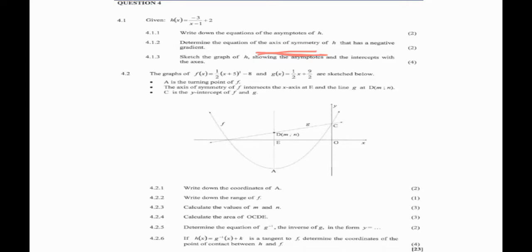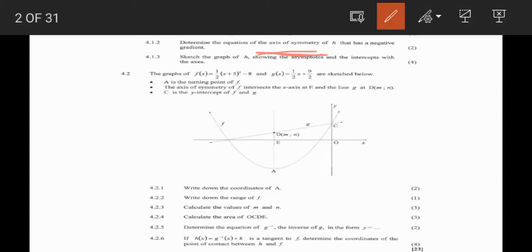Then we have sketch the graph of H showing the asymptotes and the intercepts with the axes. So the first thing you want to identify here is what will be the shape of the graph, your A. So now you can see that your A is negative 3. Now we know that if we have a negative for our graph of the hyperbola, our graph will be located on the second and fourth.